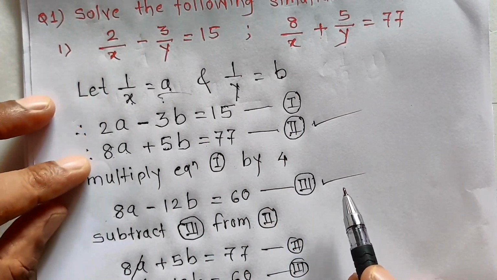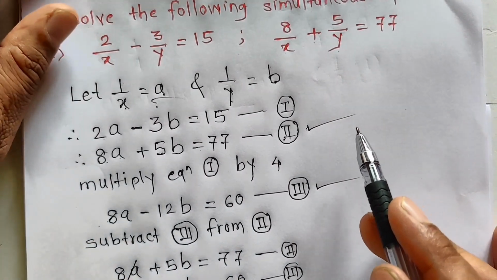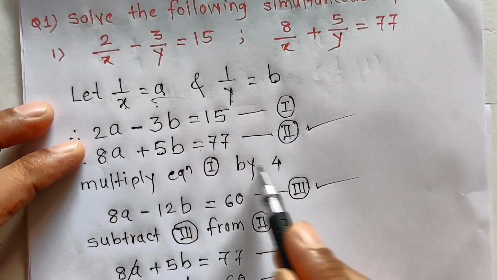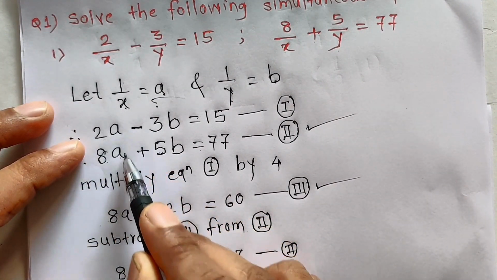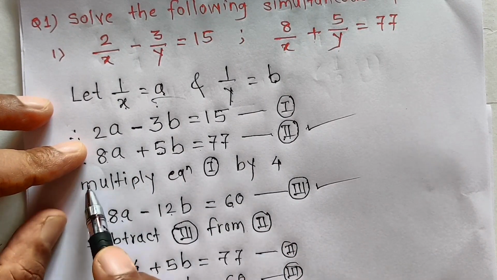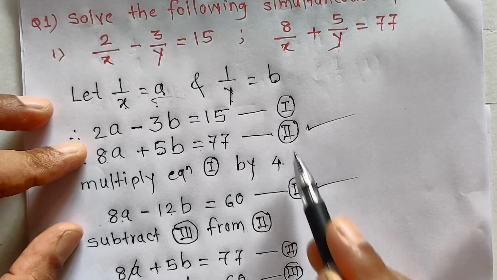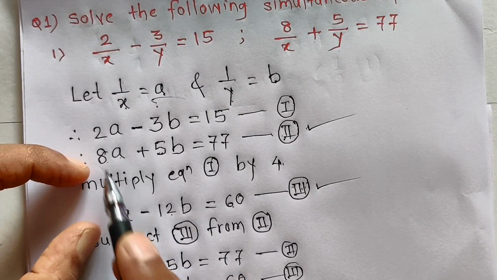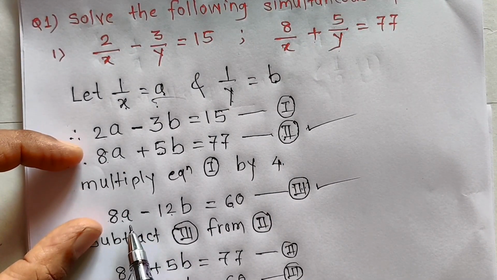Now we have to solve these two equations by any method, either substitution or determinant method. By multiplying equation 1 by 4, the coefficient of a becomes equal. So we get 8a minus 12b is equal to 60 after multiplying by 4. Now we consider equations 2 and 3. Here the coefficients of a are equal, their signs are also equal, therefore subtract one equation from the other.